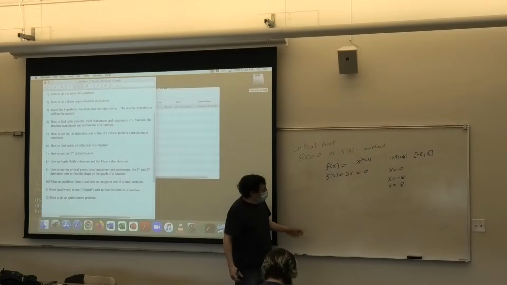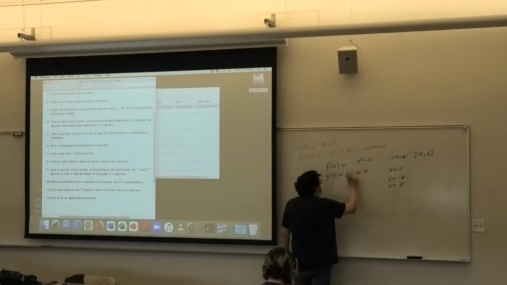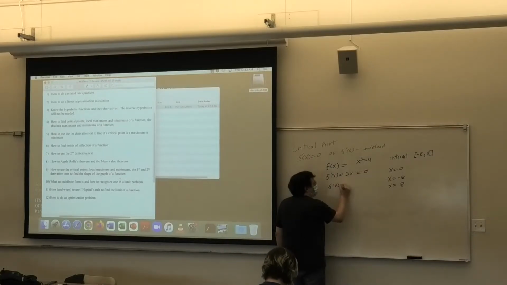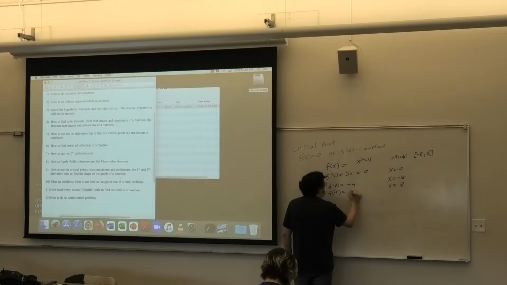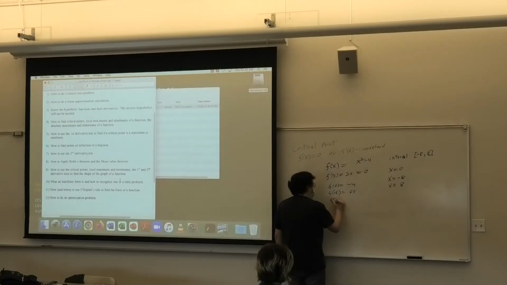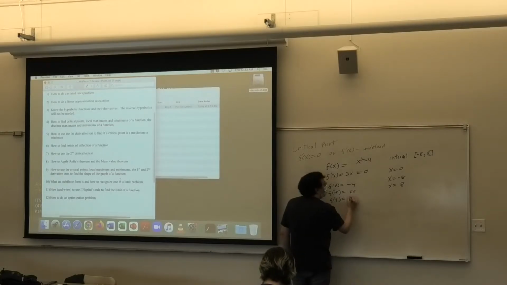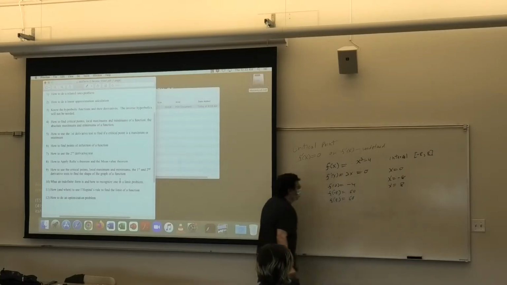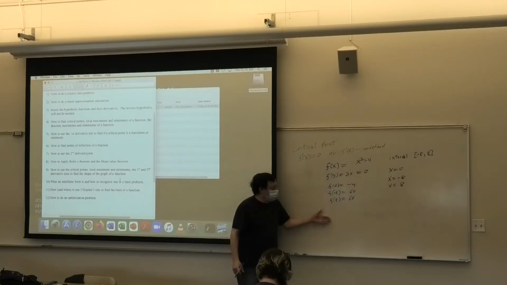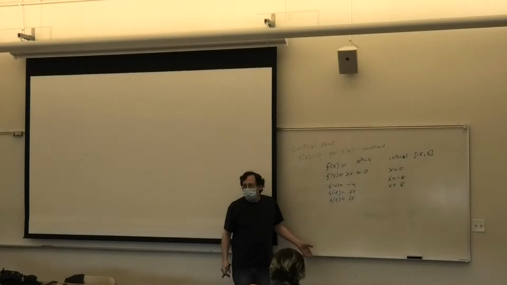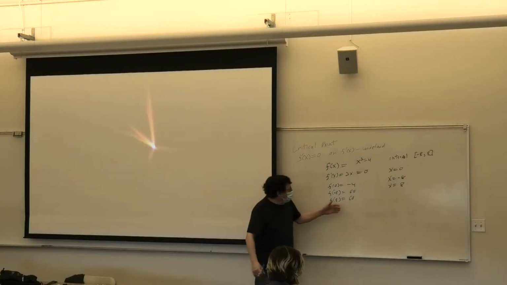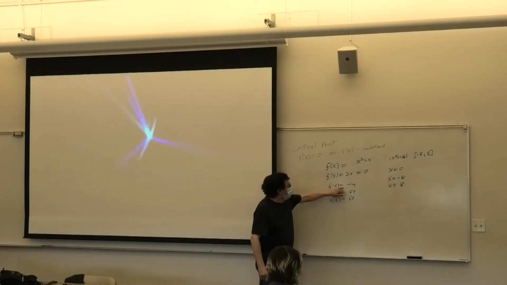Now we can plug them into the function. At 0, it's minus 4. At minus 8, it's 60. And at 8, it's also 60. So now we have some points to choose from. We can use the second derivative test on this.